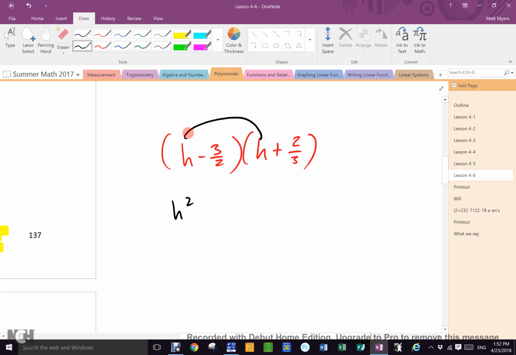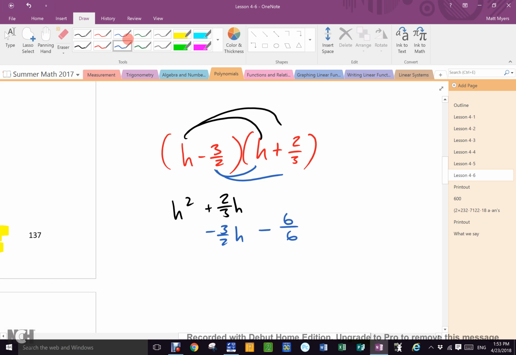H squared. What's h times 2 thirds? 2 thirds h. Agreed? What's negative 3 halves? That's minus 3 halves h, right? And negative 3 halves times positive 2 thirds equals negative 6 over 6, correct? Everybody good to there? It's just FOIL, right? Everyone's okay, yeah?